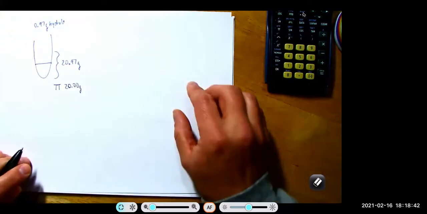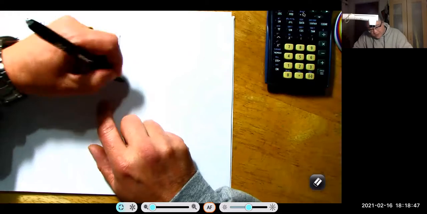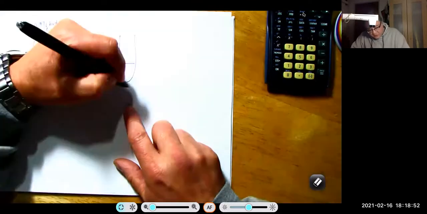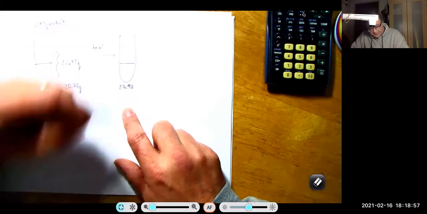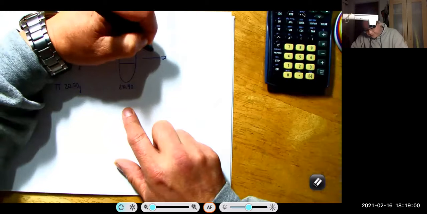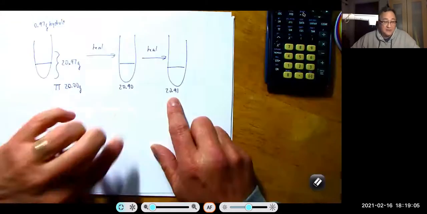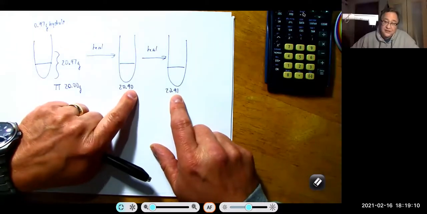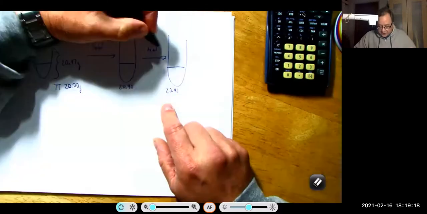But let's say that's what you get, and you heat it, and you weigh the whole thing, and instead of 20.97, you get 20.90, and you heat it again, and you get 20.91, which makes it look like it got heavier, right? But in reality, it didn't get heavier because that last number is just an educated guess according to your balance. So 0 and a 1, for all practical purposes, are the same thing. This, I would say, you're done.